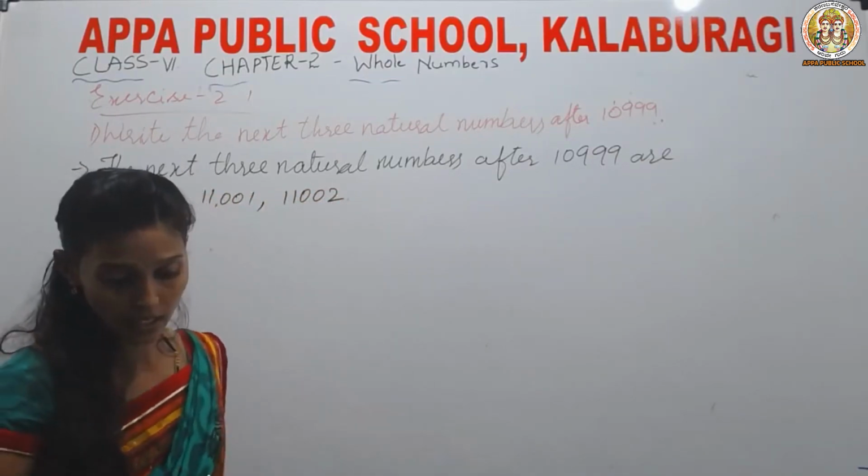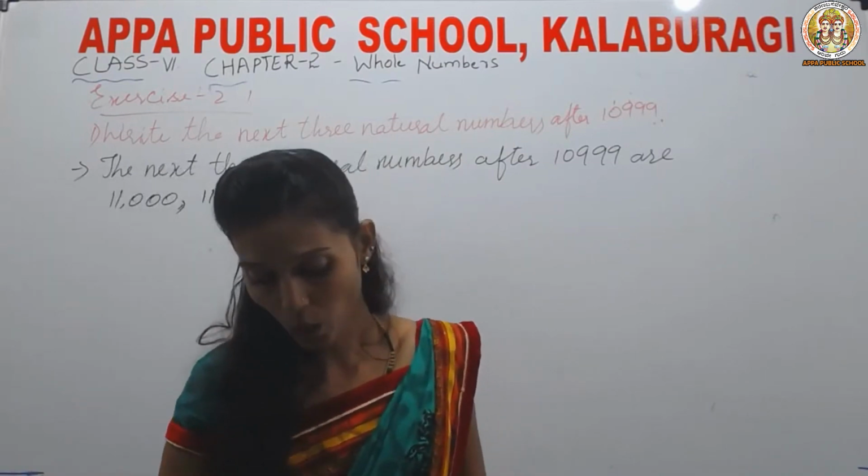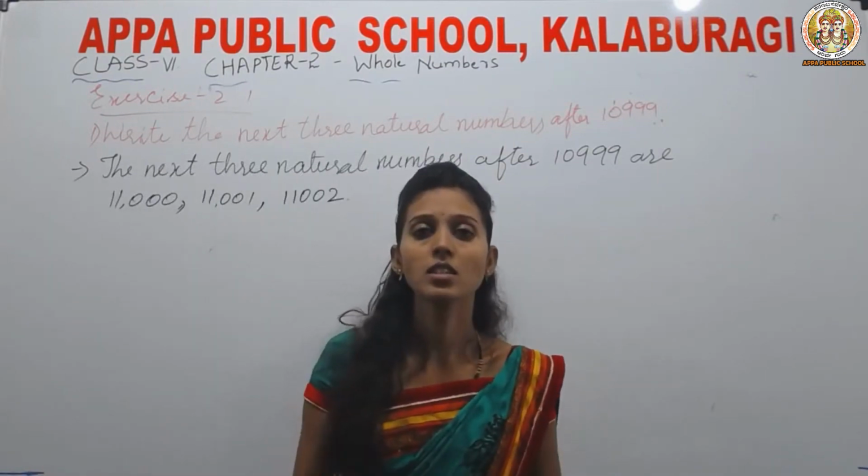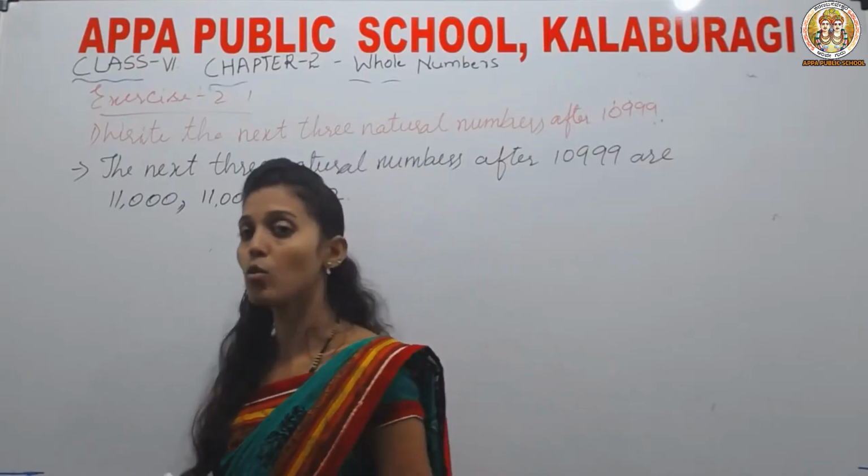Over. Next is write the 3 whole numbers occurring just before 10,001.